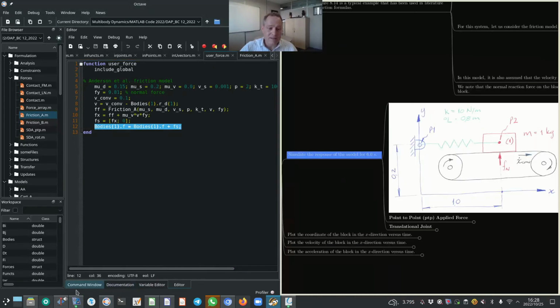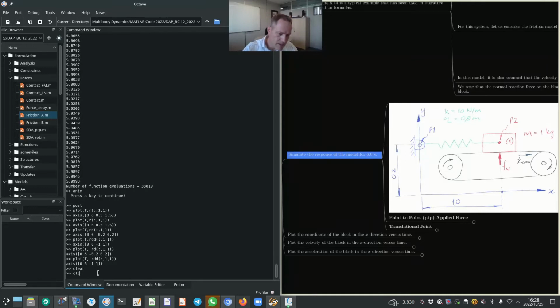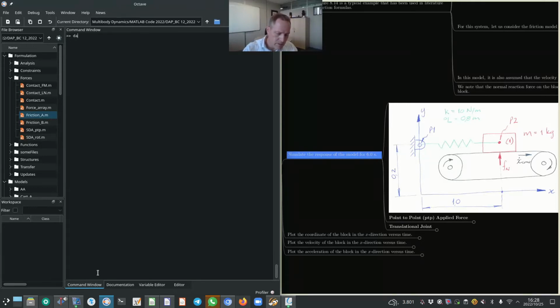To run the simulation, we will go to the command window, we will clear our workspace, we will clear our command window, we enter DAP, and our model is contained in folder conveyor belt CB. Do you want to correct the initial conditions? Yes.